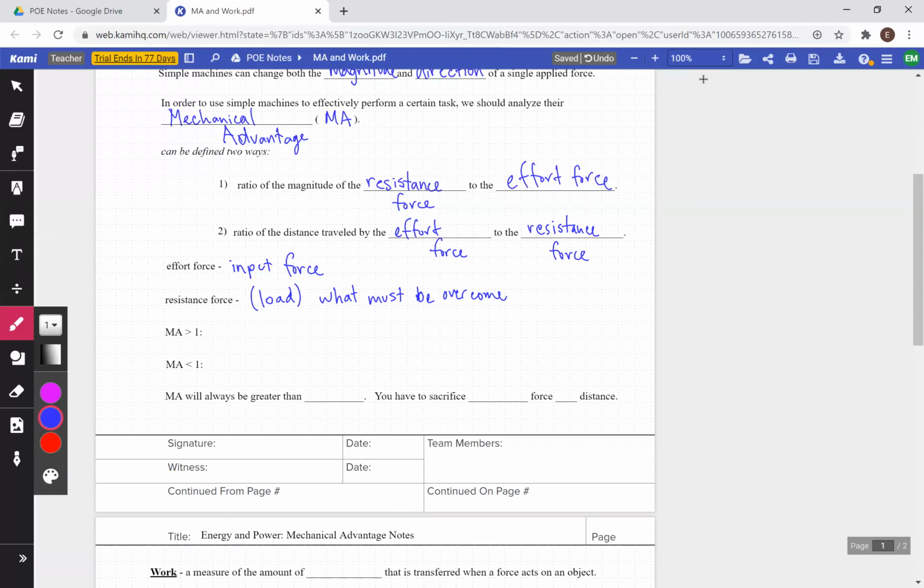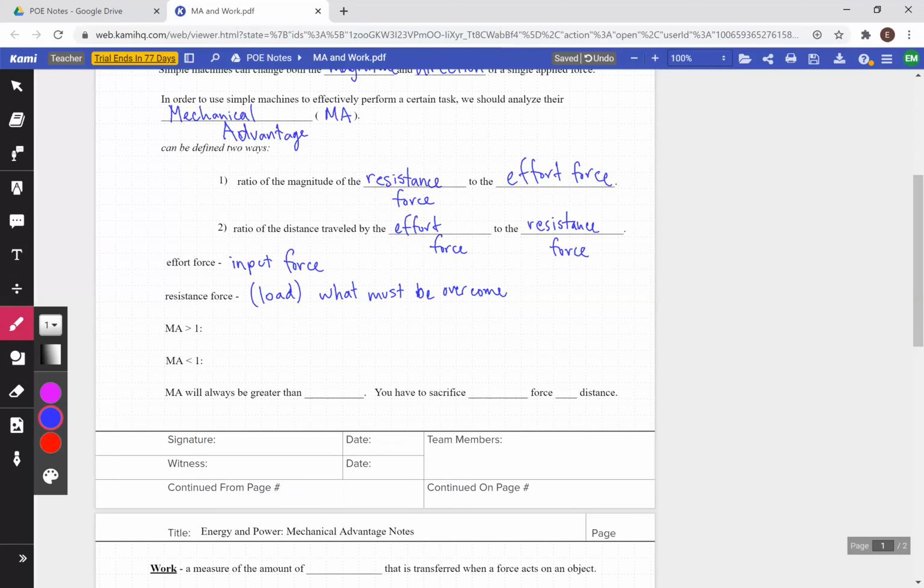There are 2 situations that we'll see. We'll either have a mechanical advantage greater than 1 or a mechanical advantage less than 1. Mechanical advantage could be equal to 1, but it's not super interesting, so we won't talk about it. If the mechanical advantage is greater than 1, effort force we can call FE, resistance force we can call FR.